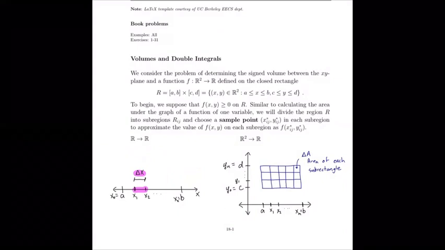And then also recall that we could use the right endpoint versus the left endpoint of each interval to get the value of f for the height of each rectangle over these subintervals. There was also the option to use the midpoint of each of these intervals.